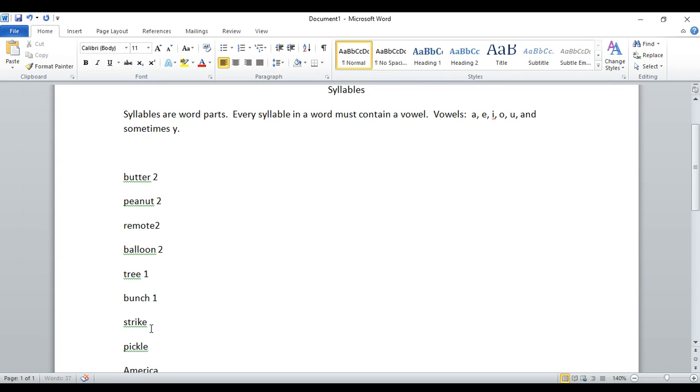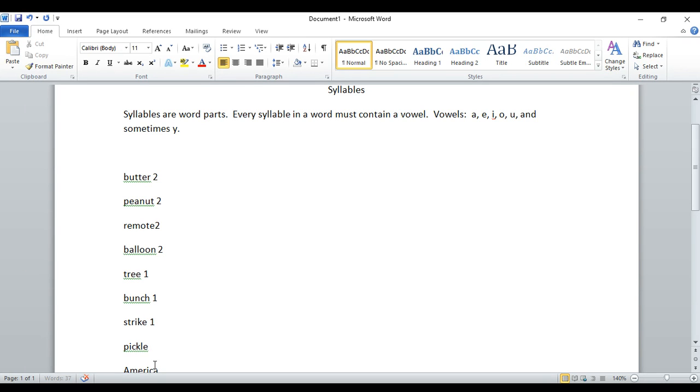Strike, again, another one of those words where we could exaggerate it incorrectly and believe that it has two syllables. The E is silent. We know that E is silent, but it could lead us to believe that this k sound really is its own separate syllable, and it is not. So if it has a silent vowel in it, pretend like it doesn't have a vowel in it. So strike is also a one syllable word.